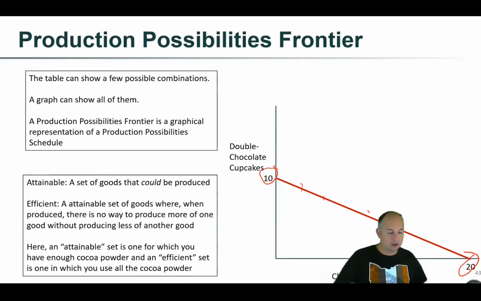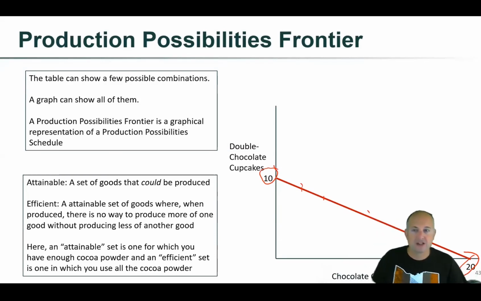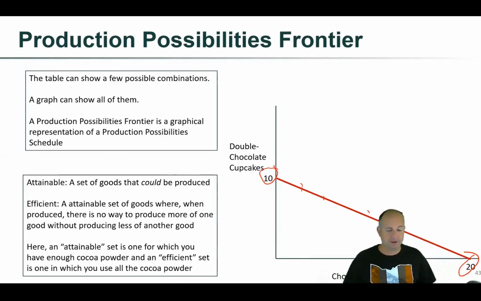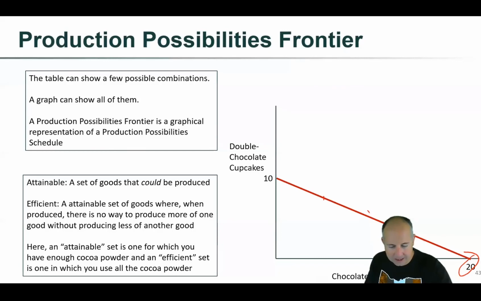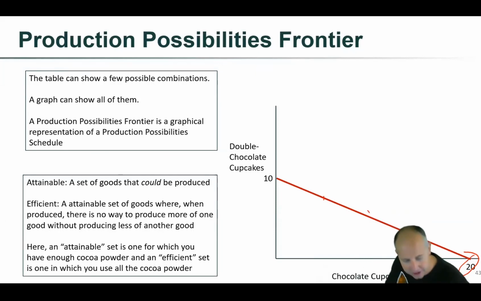Next thing we're going to do is learn a couple of terms. So the first is attainable. Attainable is a set of goods that could be produced. In this case, attainable means some combination of chocolate and double chocolate cupcakes that LeBron could make. So for example, right here, this would be an option for him.